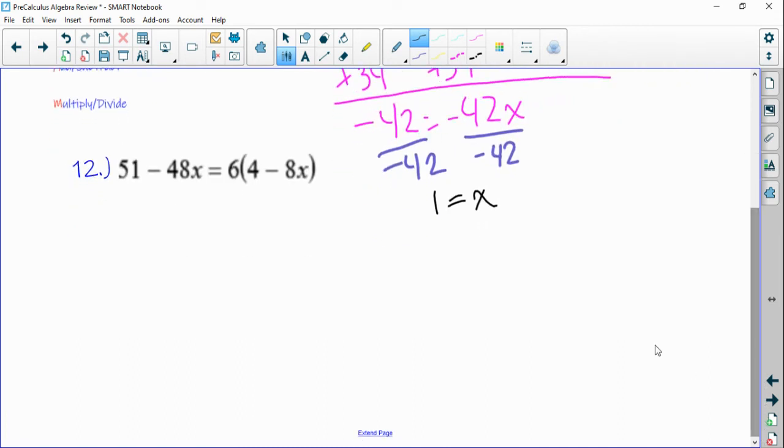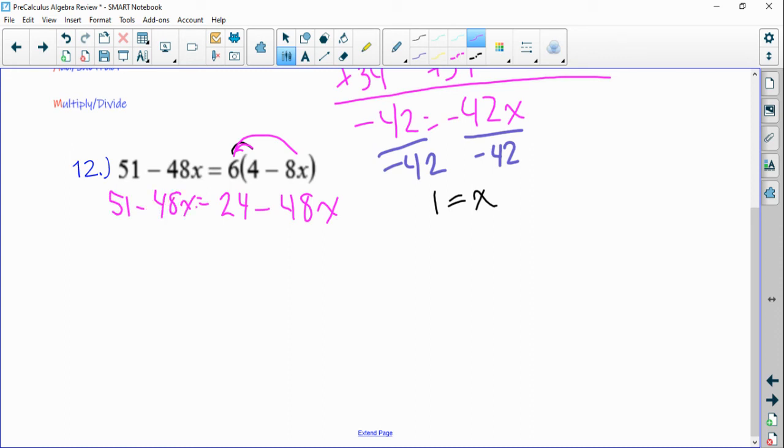Now let's do one more. So it's a little bit more complicated because we have our variable x on both sides, but we still follow the same steps where we distribute first. So we distribute the 6 and the 4, and the 6 and the negative 8x. 6 times 4, that's 24, minus 6 times negative 8x, which is negative 48x. Now we have variables on both sides.